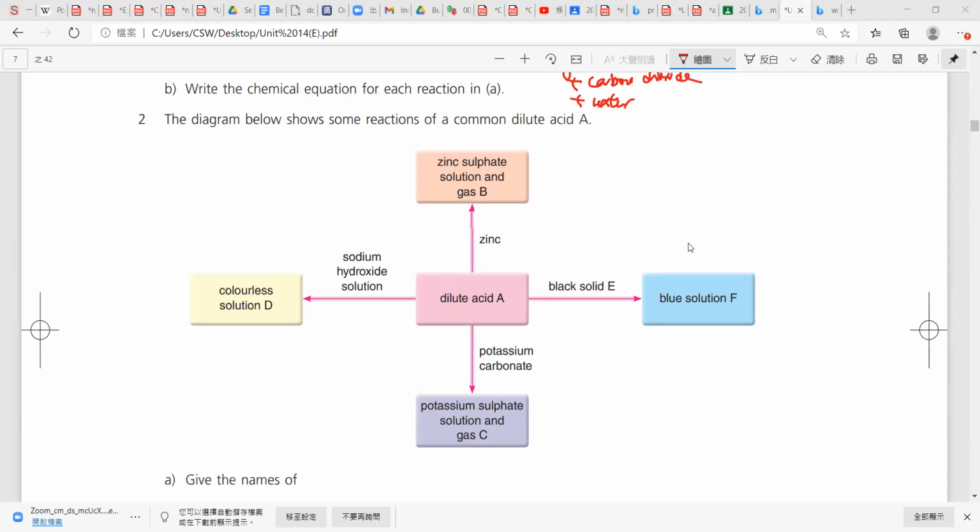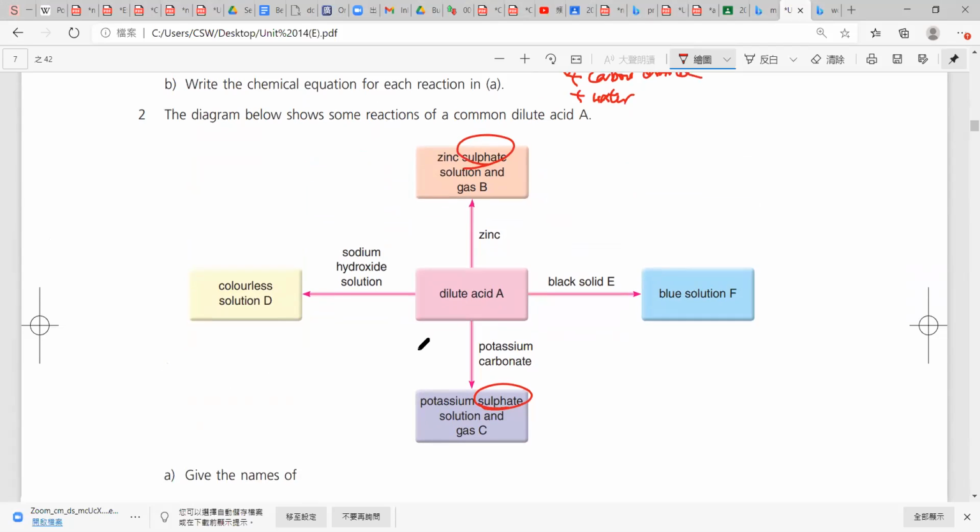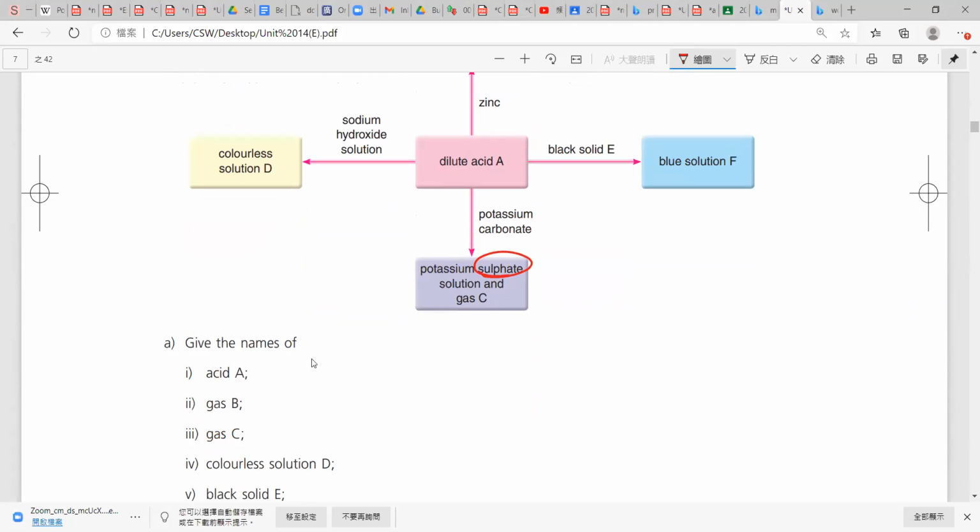It's dilute sulfuric acid. How do you know it's dilute sulfuric acid? From the name of the salt. Can you see that? I write sulfate, right? Of course, there is no sulfate originally, so if you have got sulfate here, the acid is dilute. We'll call it dilute sulfuric acid.